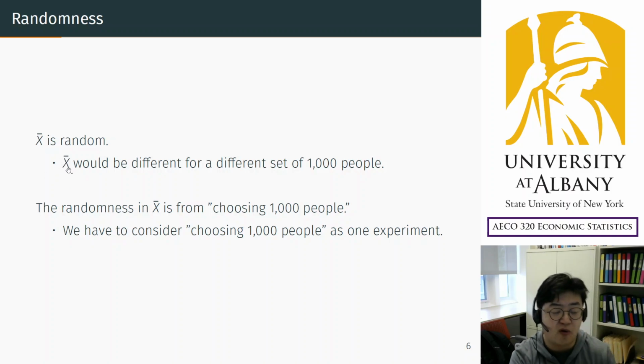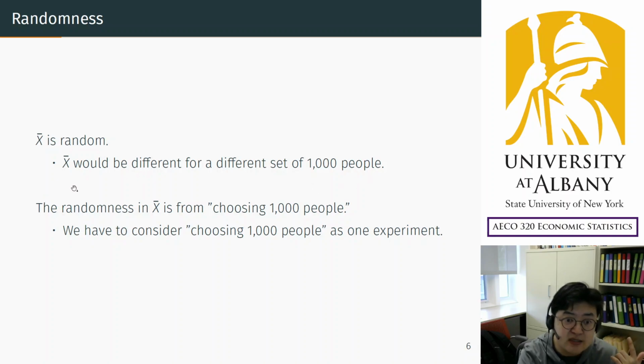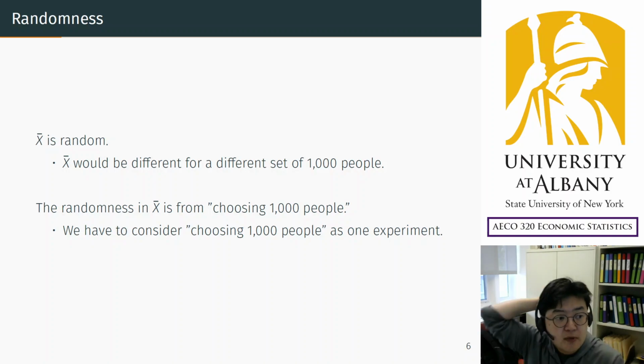What underlies this X bar is the population mean. This is calculated from 1,000 people, but at the same time you can imagine mu is the true mean that is calculated from an infinite number of people.